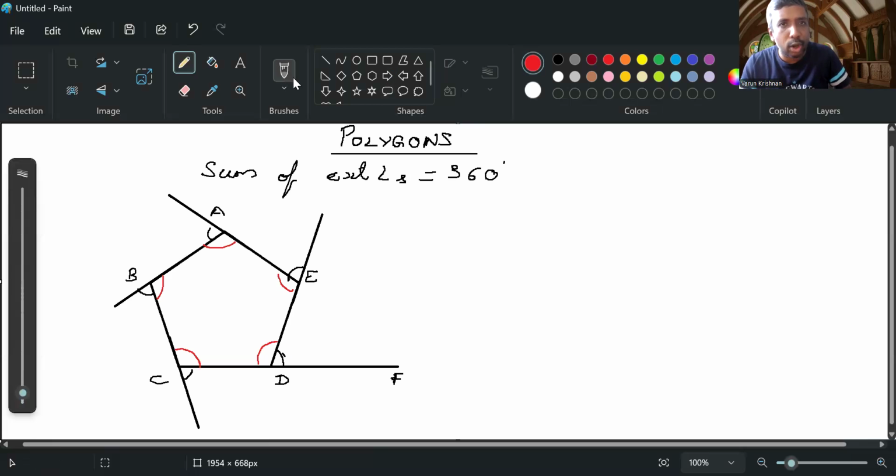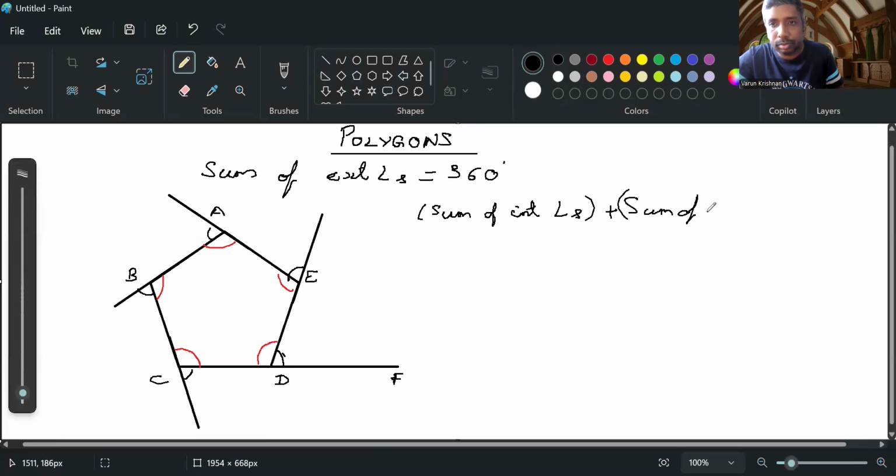So which means if I add all 5 interior and all 5 exterior angles, I should get 180 degrees times the number of vertices. So in the case of the pentagon, I can say sum of all the interior angles plus sum of all the exterior angles will be equal to 180 into 5.